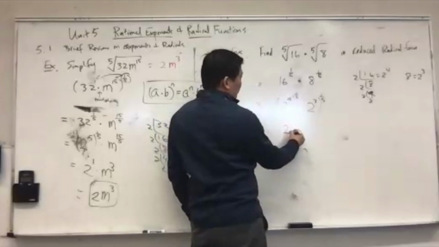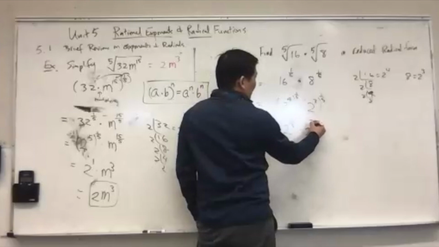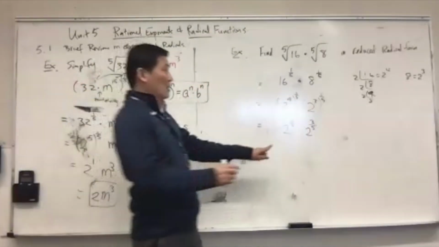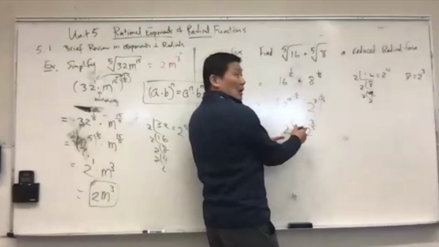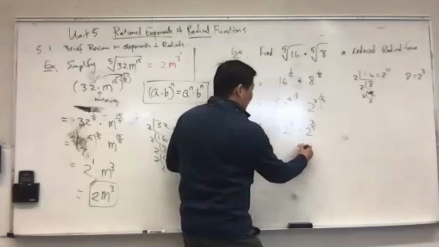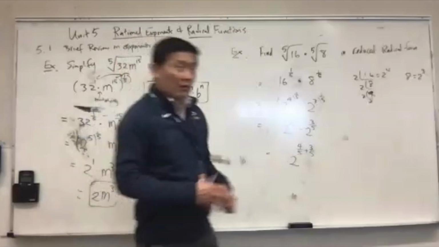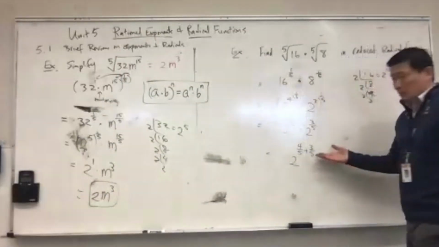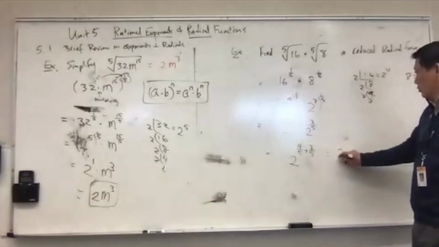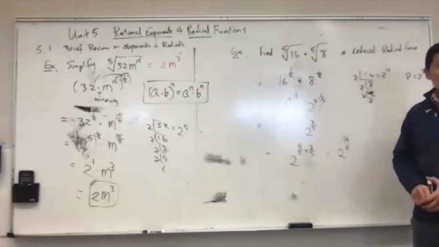And so I end up with 2 to the 4/5 power times 2 to the 3/5 power. Now I have the same base, that means I can add the exponents. So I end up with 2 to the 4/5 plus 3/5. It's pretty convenient that they have the same denominator. So then this is 2 to the 7/5.